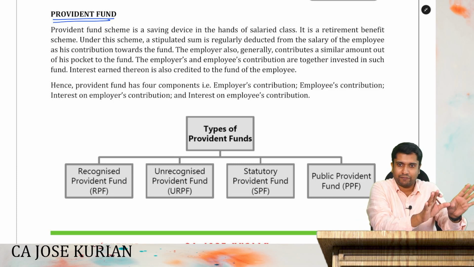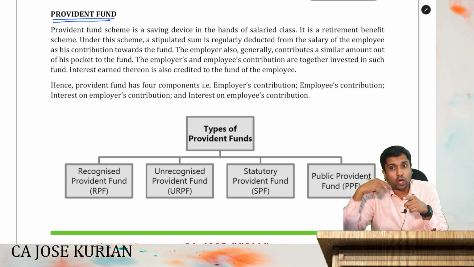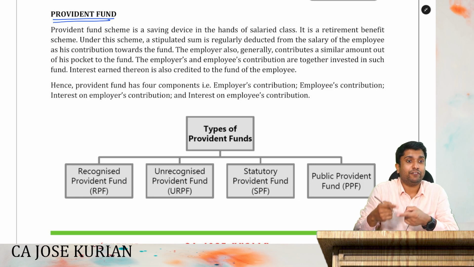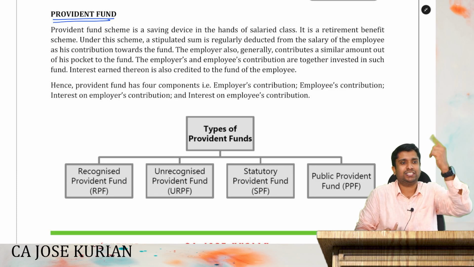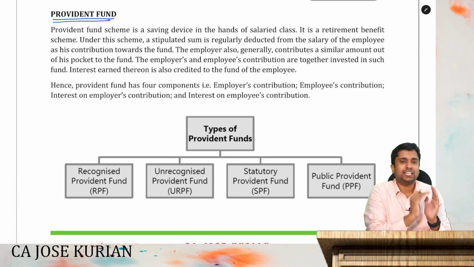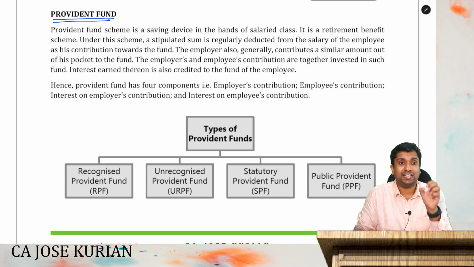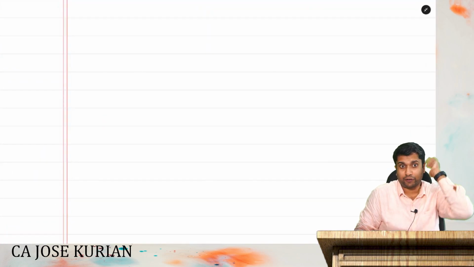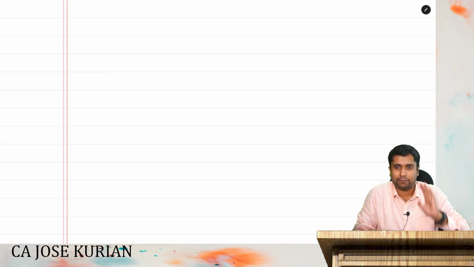To make him save his money, during the period of service, both the employee and the employer have to deposit to save money for the employee's retirement life or post-retirement life. So during every month's salary, both the employer as well as the employee will contribute to this Provident Fund scheme. I'll show you a simple example, then only you will be able to conceptually understand the taxability of Provident Funds.